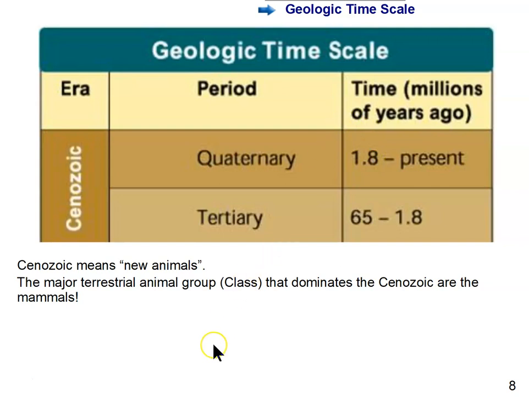Just like anthropology is the study of humans, the Anthropocene refers to the period of time where future scientists may find, or even alien beings may find evidence of human activity on the planet, and that's what we're in right now, the Anthropocene. And just to pronounce these for you, Tertiary and Quaternary periods.